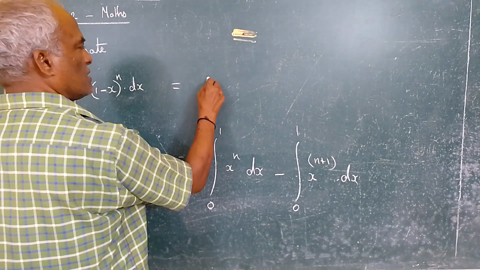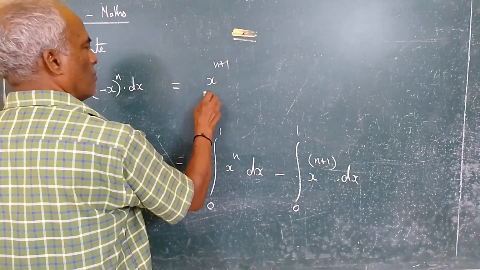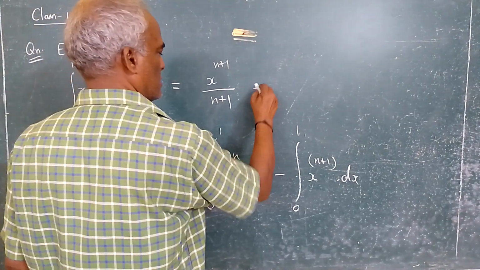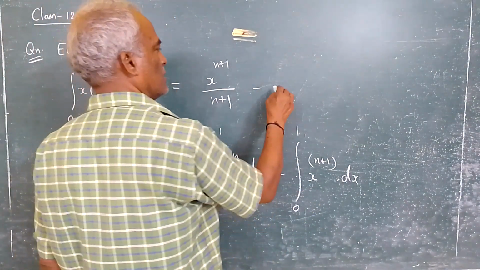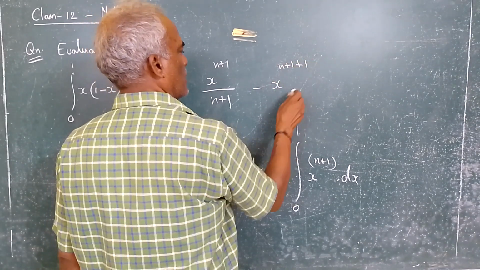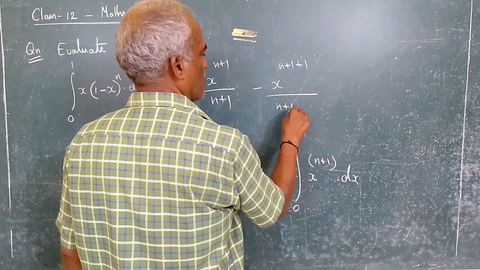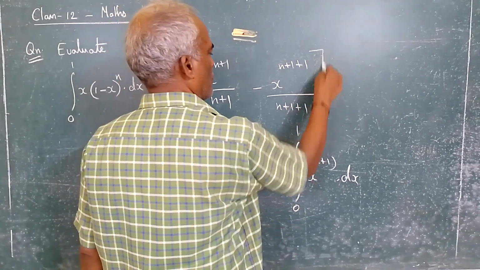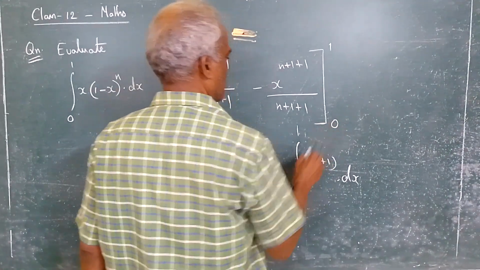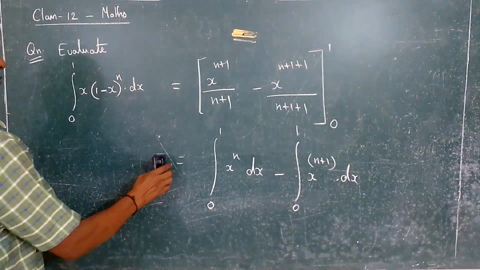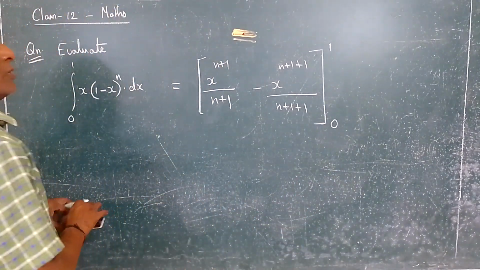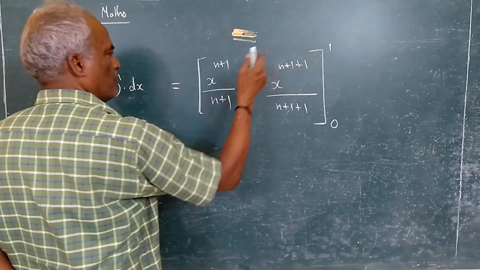The answer for this is x power n plus 1 by n plus 1, minus, the answer for this one is x power n plus 1 plus 1 divided by n plus 1 plus 1. Now we have the upper limit as 1 and lower limit as 0. Now we have to substitute the upper limit 1.